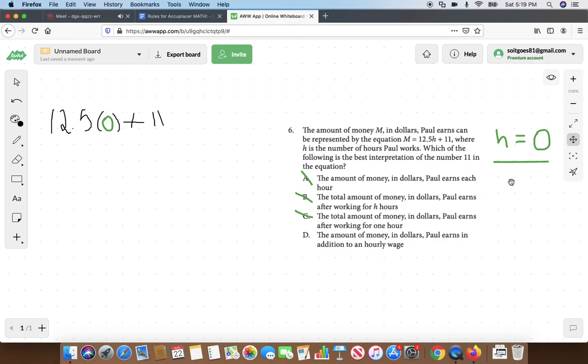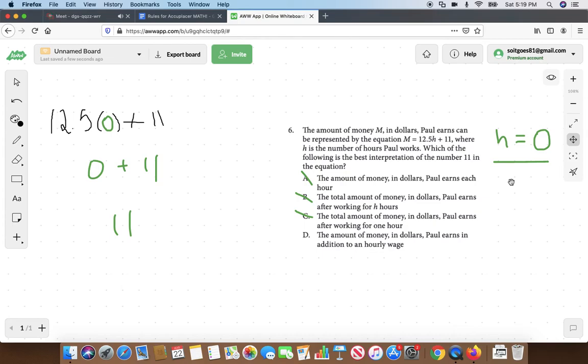Anything times 0 is 0. So that's 0 plus 11. Apparently he's made $11 if he works no hours. So it's like some extra: you do the job, I'll give you $12.50 per hour plus $11. Okay, so that makes sense.